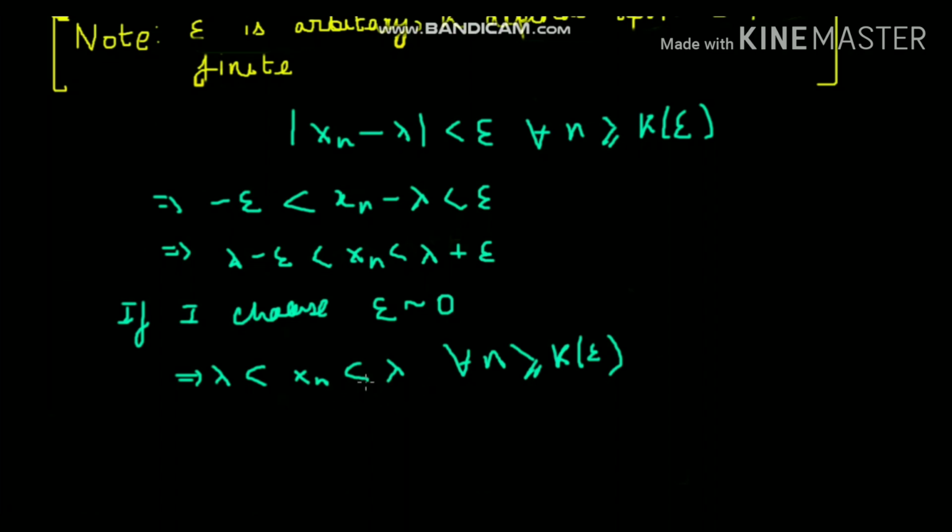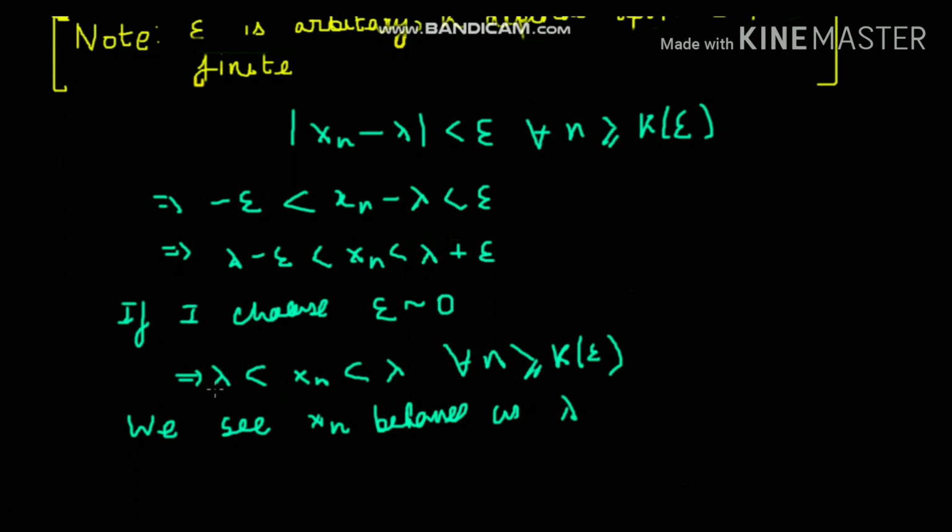Because this thing is completely trapped between two lambdas, so from this condition we see x of n behaves as lambda.